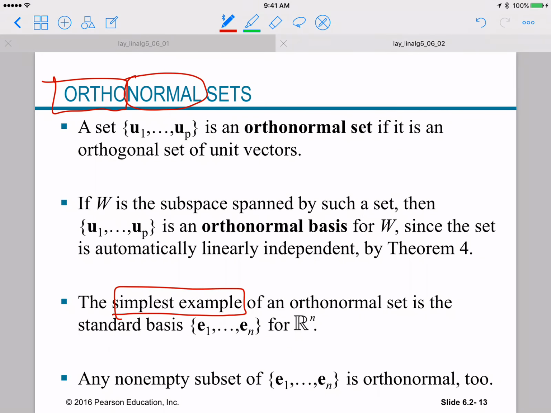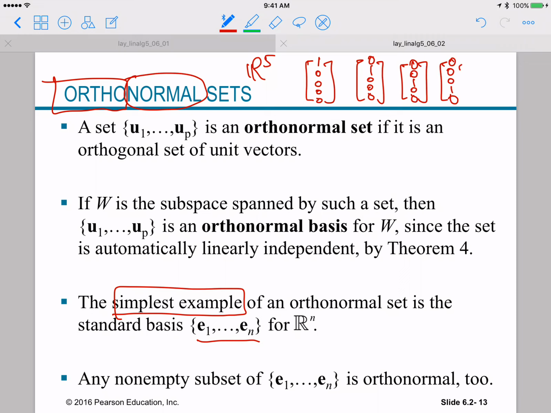The simplest example of this orthonormal set is the standard basis. So what was the standard basis? In, maybe, a 5-dimensional space, if you consider these 5 vectors and consider the set of these 5 vectors, they are one example of an orthonormal set, because are they orthogonal to each other?